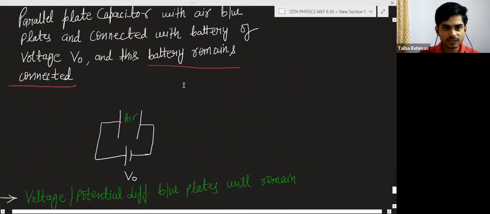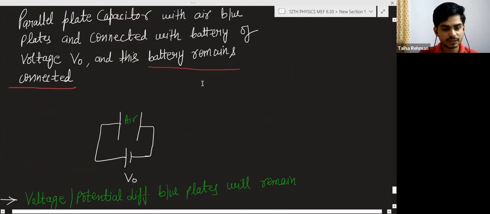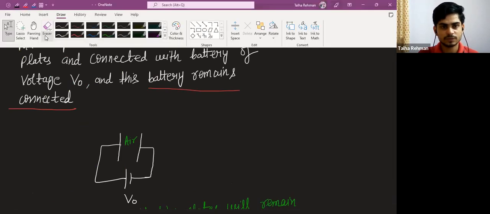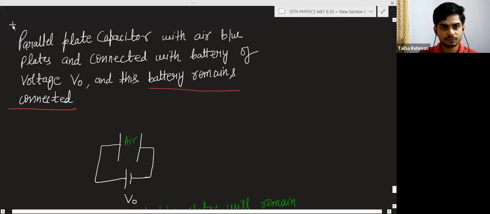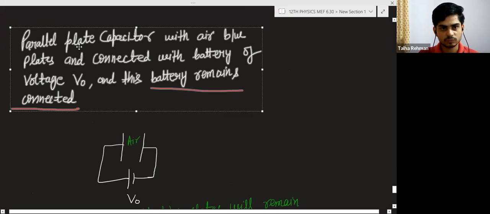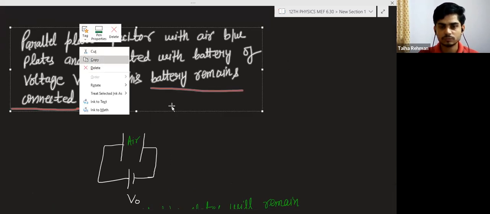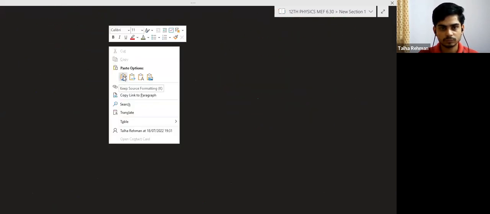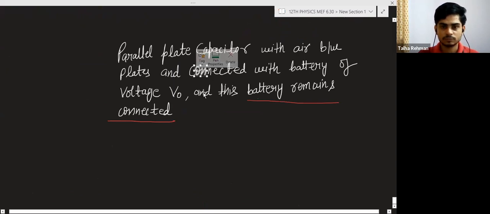Now this is the case when the battery remains connected, and this is a very easy case. Okay, no problem.